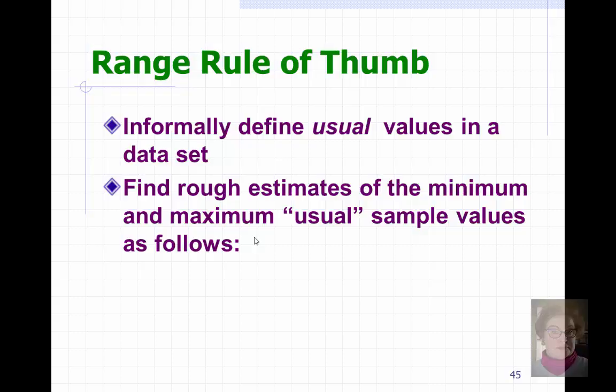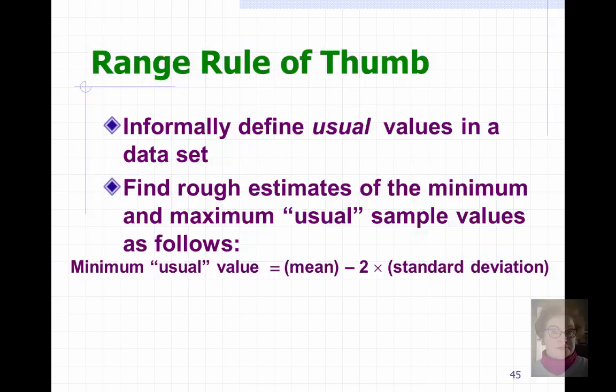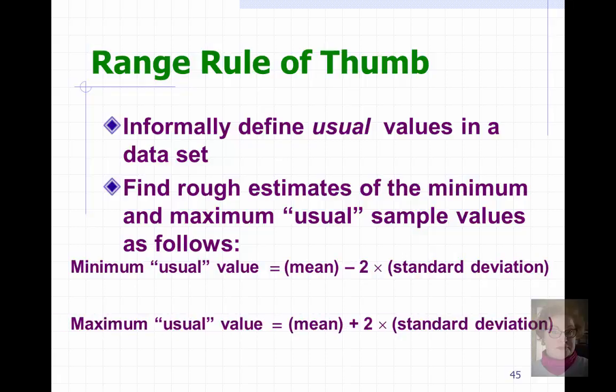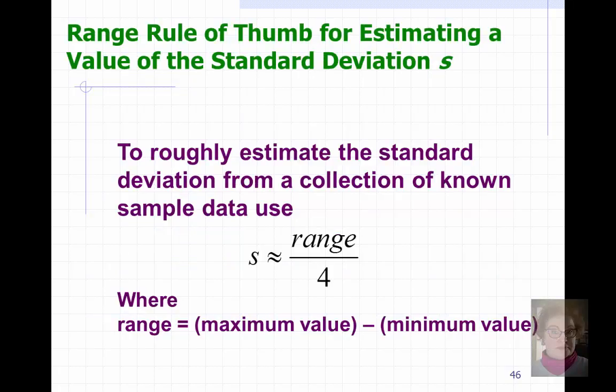Remember in class we talked about the difference between statistically significant and statistically insignificant. When things are statistically significant, they are unusual if the mean that we assumed was true is actually true. So the minimum usual value is the mean minus 2 standard deviations. The maximum usual value is the mean plus 2 standard deviation units.